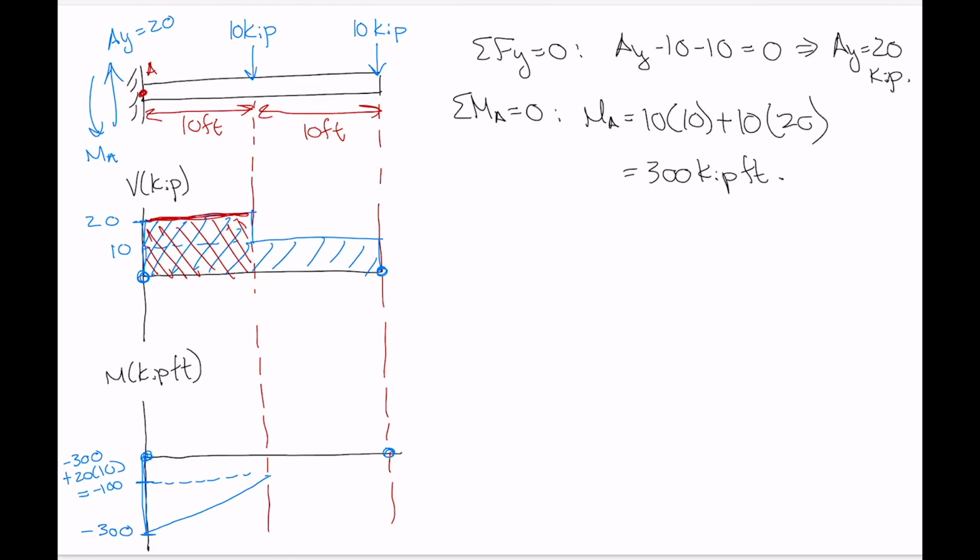Now we're in the next segment. The value of shear gives the slope of moment. Now the value is 10, so we have a linear line with a positive slope, but not as steep a positive slope. We know we need to get back to 0. Let's check if that's true, because the change, which is 100, should be equal to the area of the corresponding portion of the shear diagram, which is 10 multiplied by 10, which is 100. So that checks out.